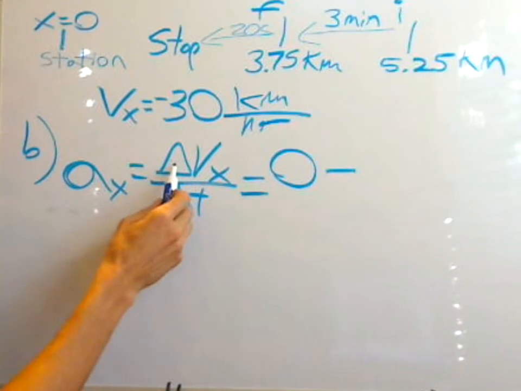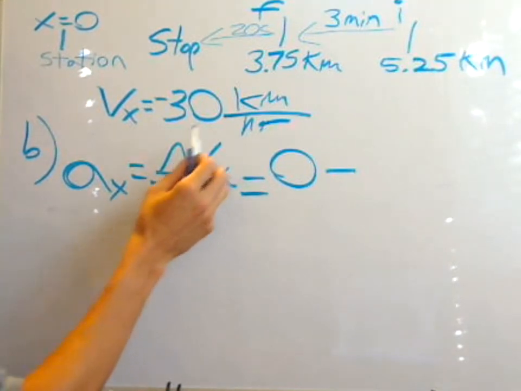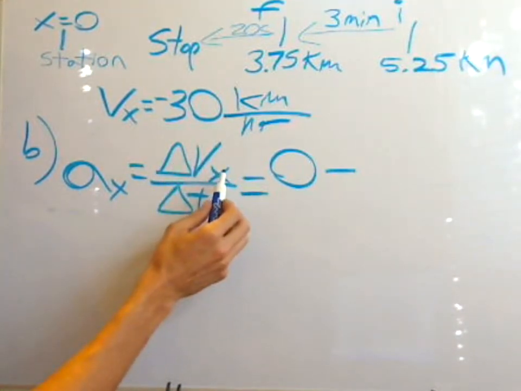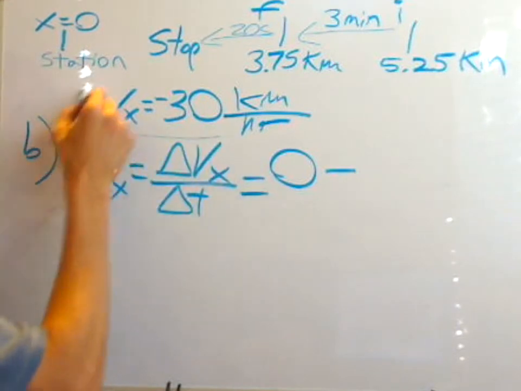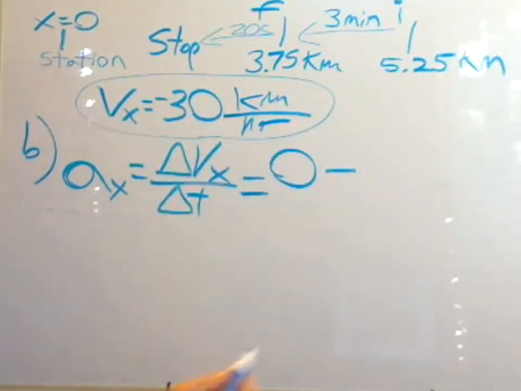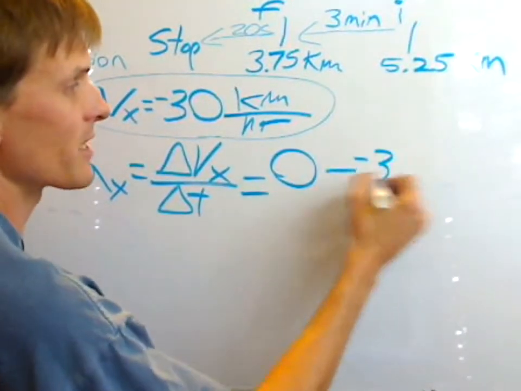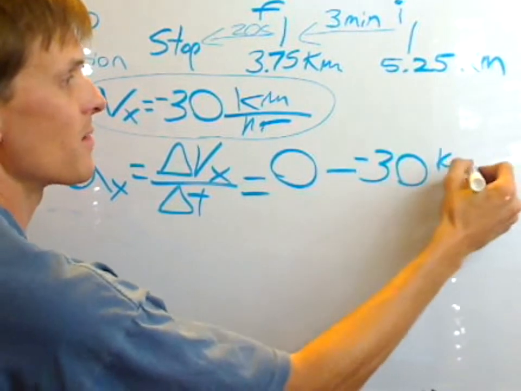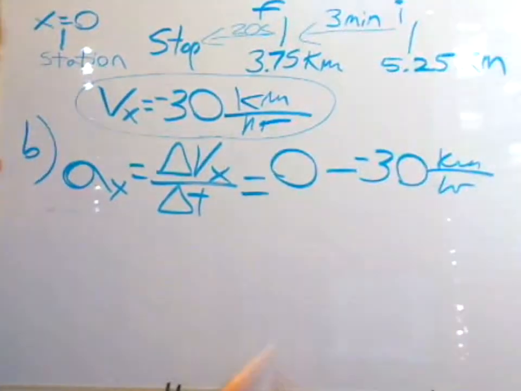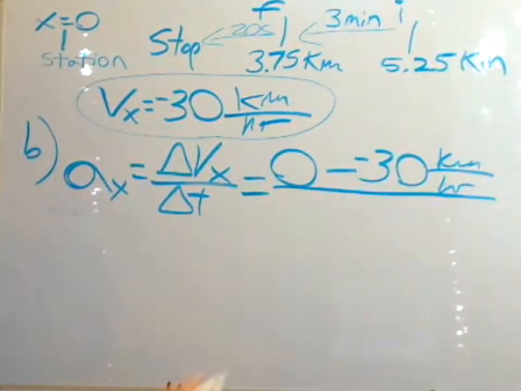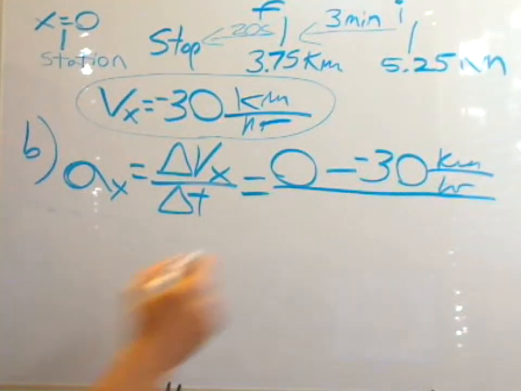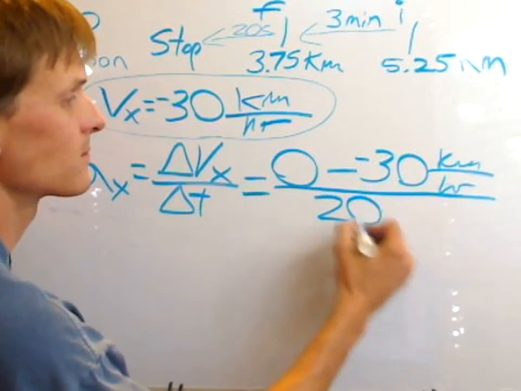So we have to do final velocity minus initial velocity. The initial velocity was our answer from part A, so that's minus 30 kilometers per hour. All divided by the time over which the train slows down, and we're told that's 20 seconds.